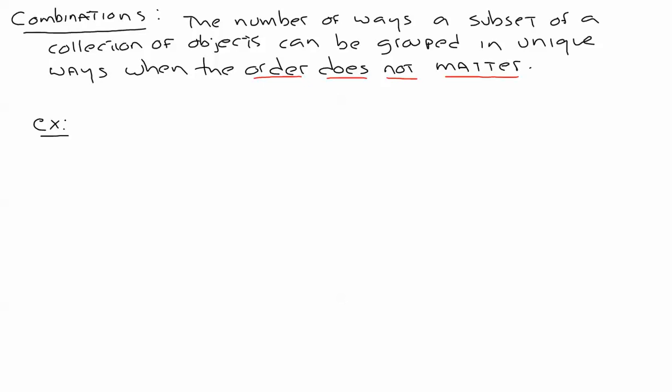So imagine we've got a set with 4 elements in it, capital A, B, C, and D. We're going to say here N equals 4 objects.